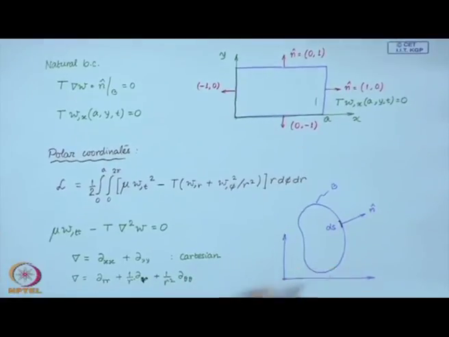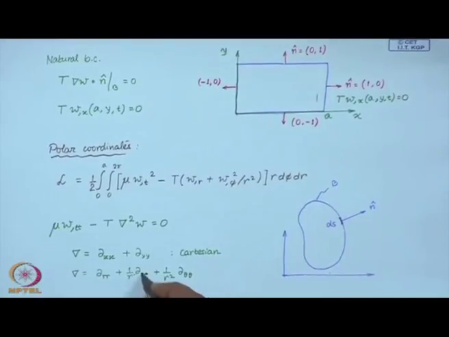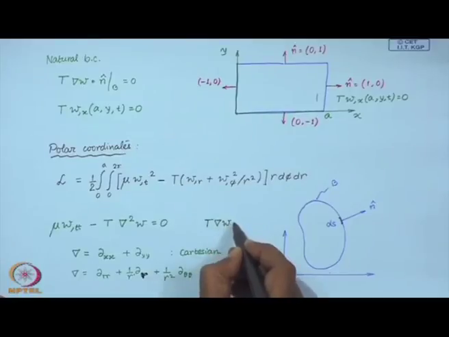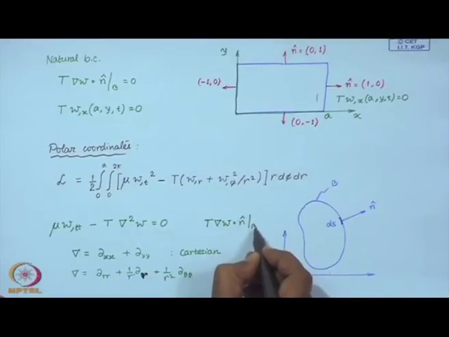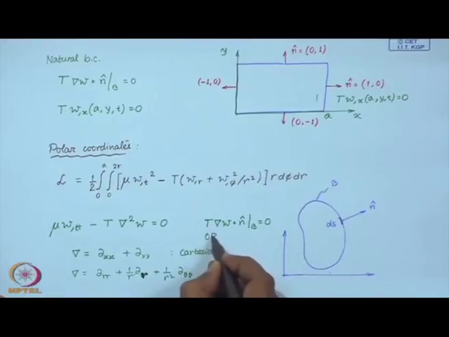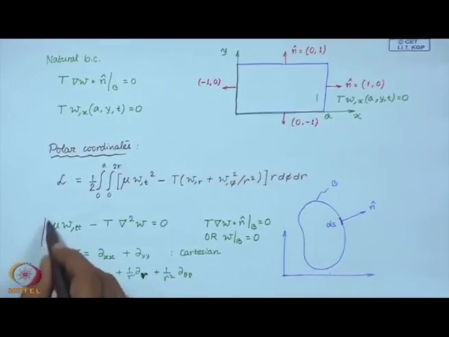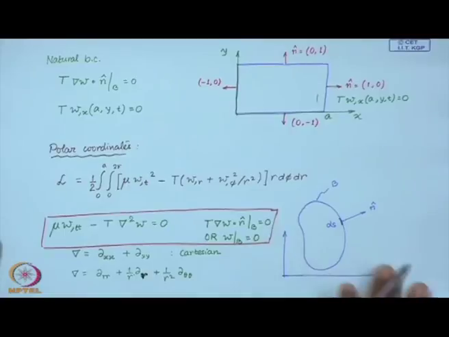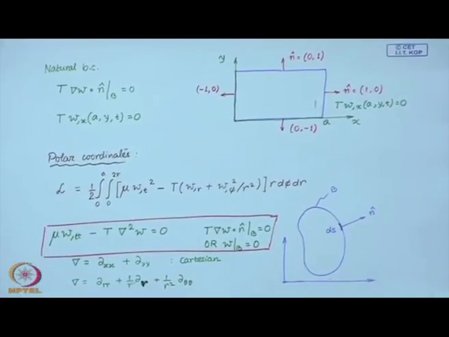So, this is the operator, and the boundary conditions can be written like this. So, this is the general representation of the equation of motion of a flat membrane which is undergoing transverse vibrations.